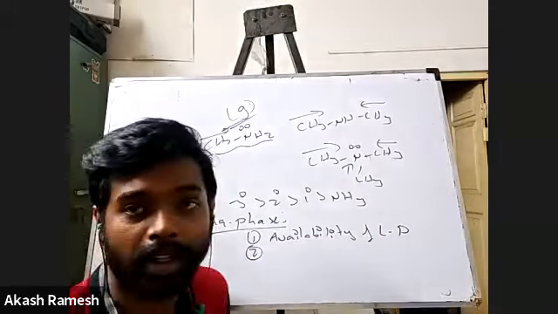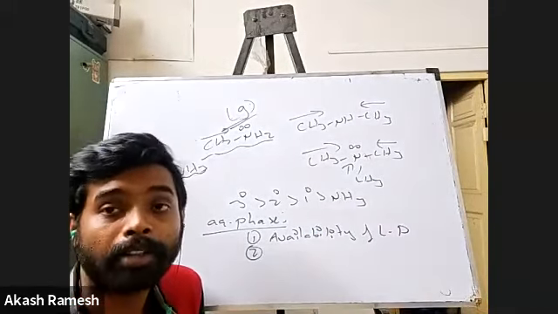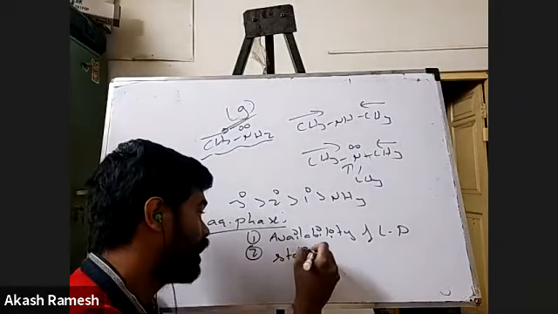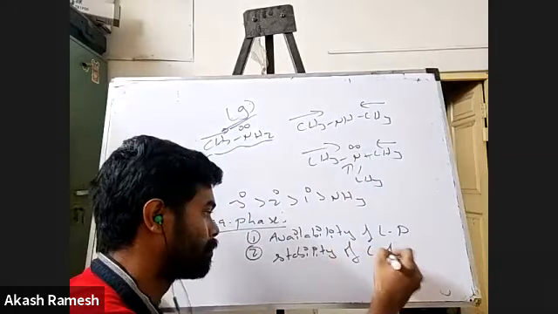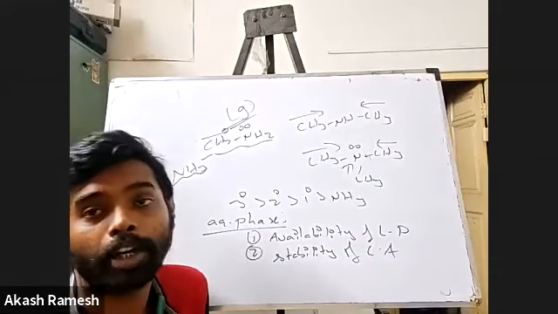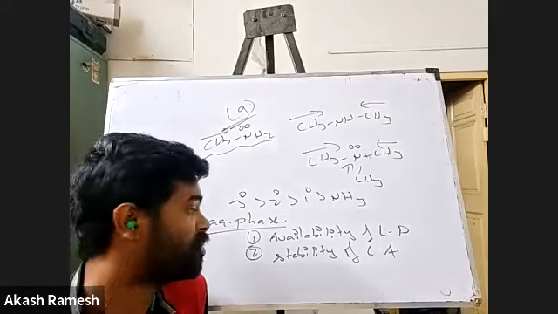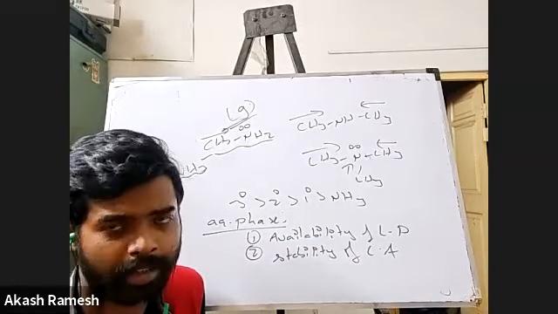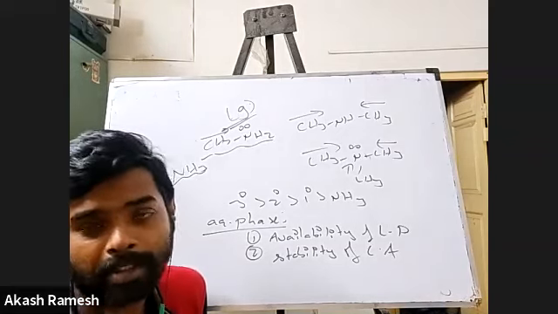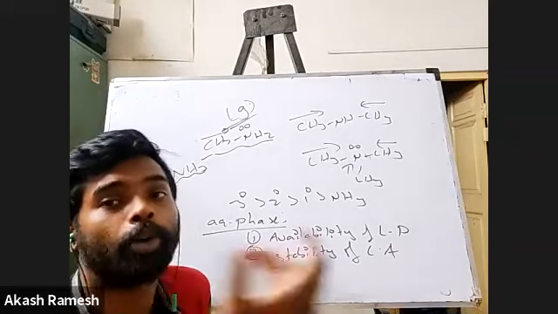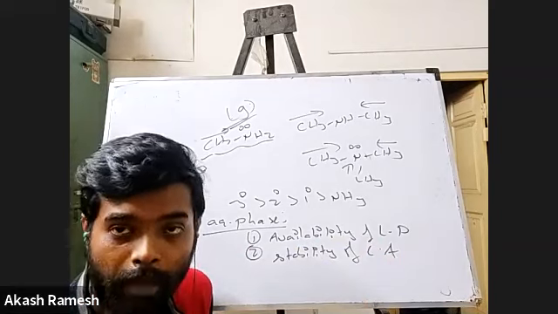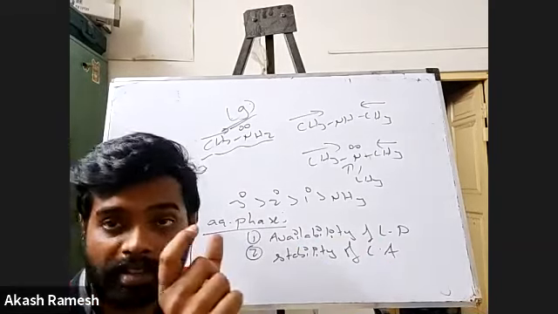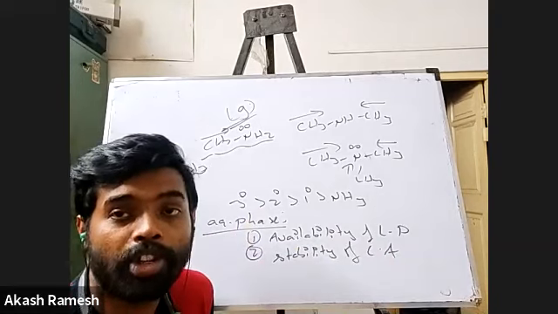The other criteria is stability of the conjugate acid. We know what is a conjugate acid. Just like how you have conjugate base, after removing H plus, whatever is remaining is my conjugate base. Here, after adding H plus, whatever is there is what is called my conjugate acid.